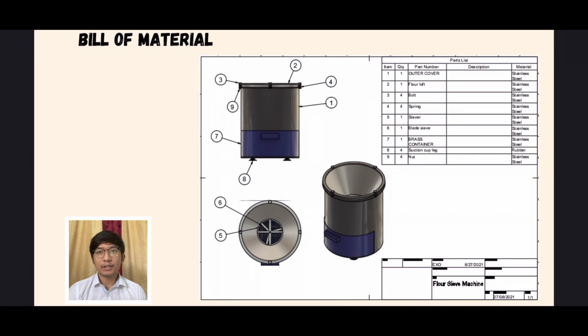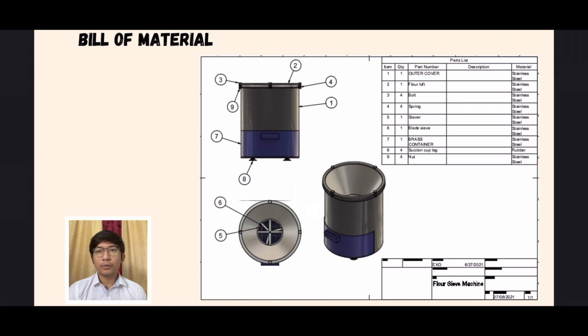Next is the bolt and nut, which function to tie the main body and the flour loft. Next, we have the spring, which functions to make a little vibration and make sure the efficiency for the amount of flour that is sieved is increased.